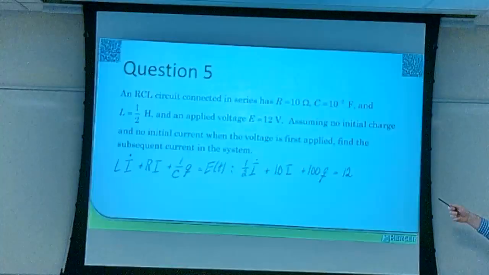So remember, I is Q dot. So this would be Q double dot, Q dot, and Q. That's not what we want. We want I. We want current. Differentiate that.